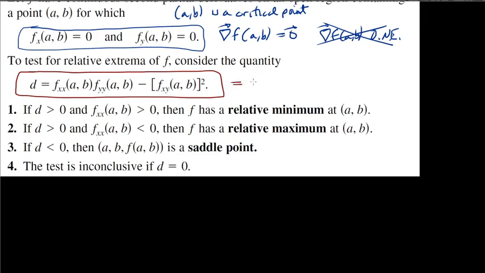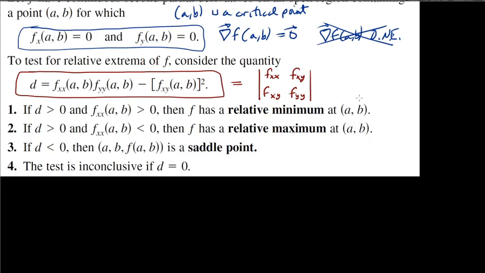If you like, you can also take the determinant of this matrix here. So you have the fxx, fxy, fyx, which is the same thing as fxy, so maybe I'll just write down fxy, and then fyy. If you take the determinant, you get this quantity here. That's how I remembered it.